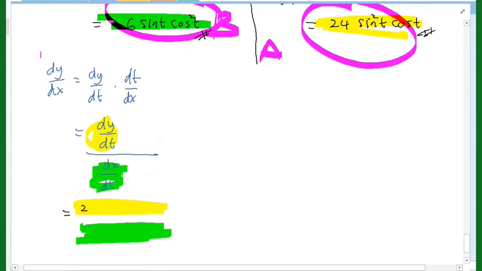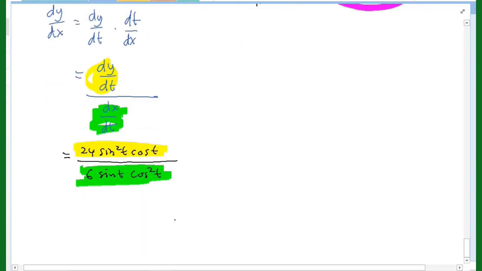So dy/dt is 24 sin t squared cos t over 6 sin t cos t squared. Okay, and then simplify. Where can we simplify? This one cancels, 4. Okay, the answer is 4 sin t over cos t.